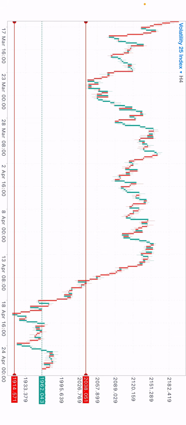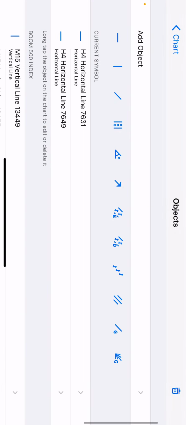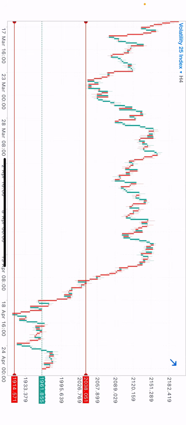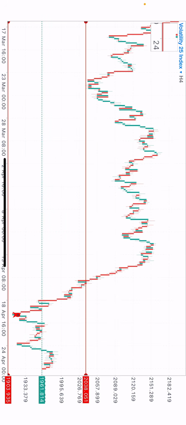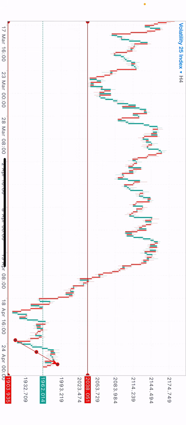The next thing right now is we can see the market is having an up and down movement. Let me ignore this for now.